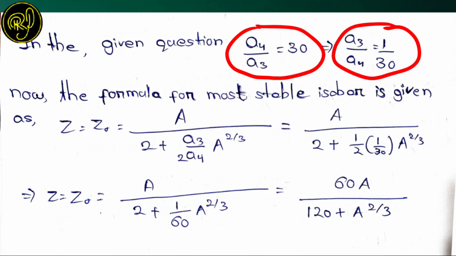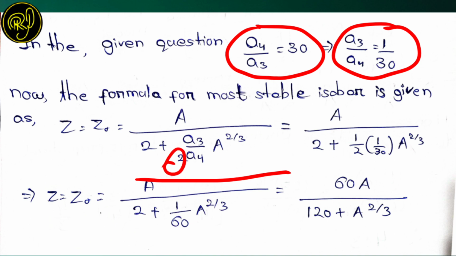So let's modify the formula: Z = Z0 = A by 2 plus A3 by 2A4 multiplied with A to the power 2 by 3, which equals A by 2 plus half.